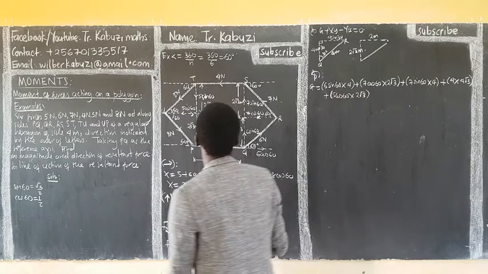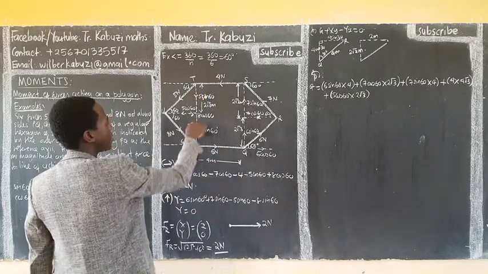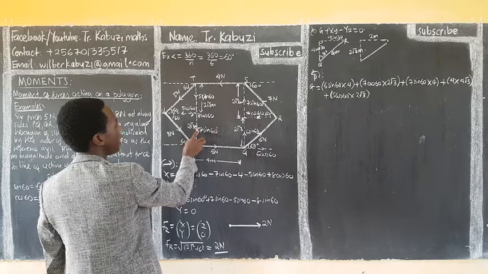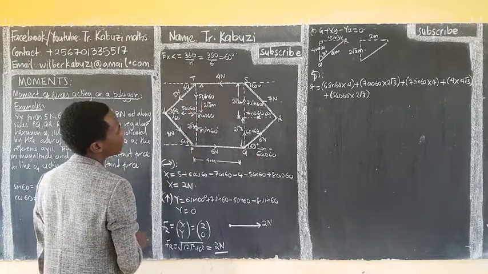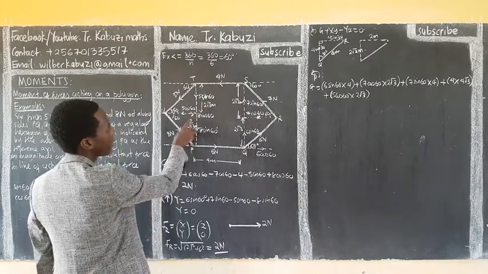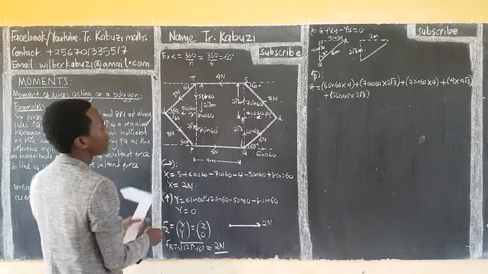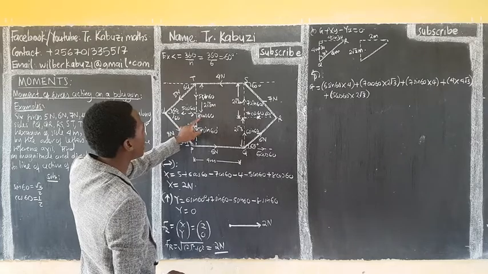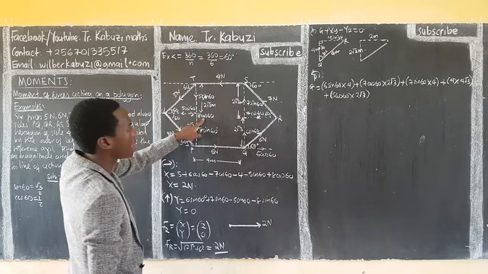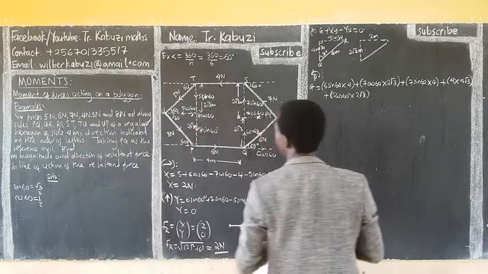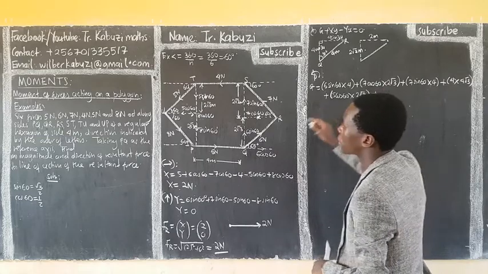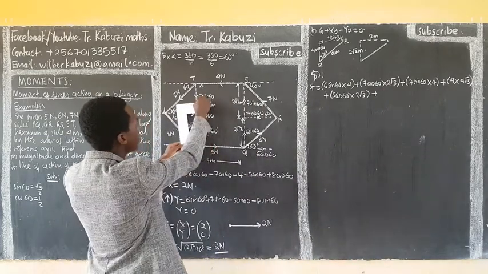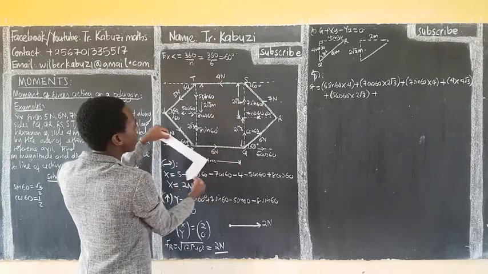So what else? Now this one is coming. That one is going to be having 0 moment. Then also this one, 8, is coming there. It's going to be having 0 moment. Then I have this one here. I think we can see this one, for this one 8 cos 60. So plus, you see cos 60, if I put this, it's going to be acting clockwise.